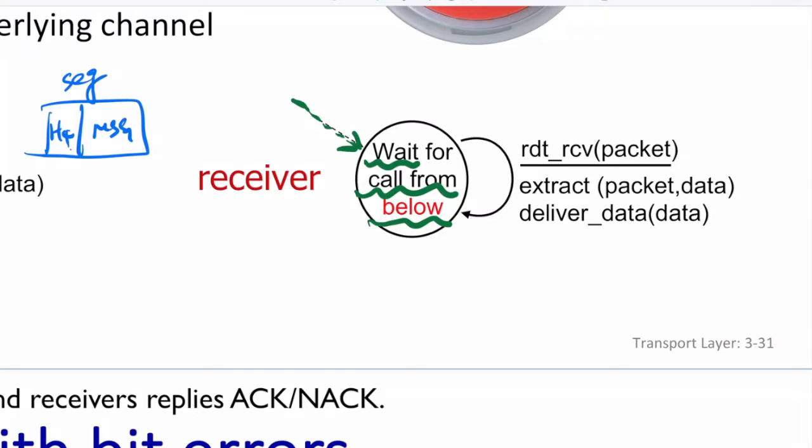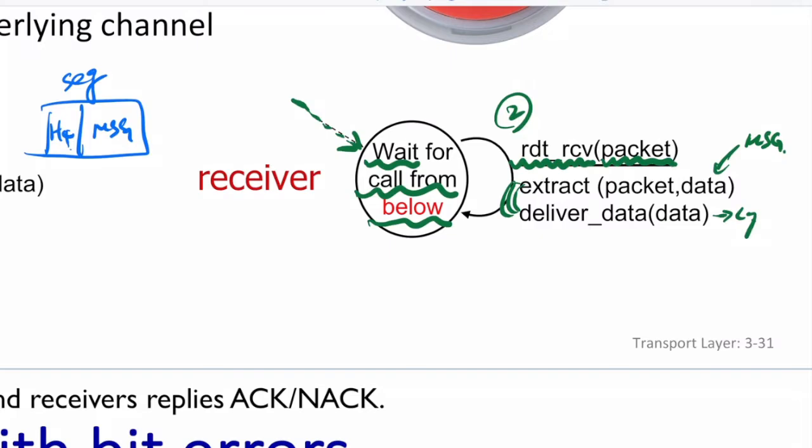There is only one event, that is you receive a packet from your underlying layer 3. There are two things you need to do. First, extract the segment and get the message, and then deliver this message to your layer 7. That is the only thing you need to do.